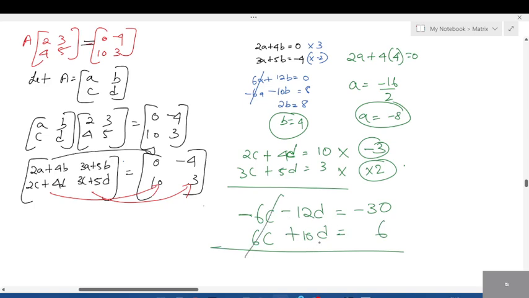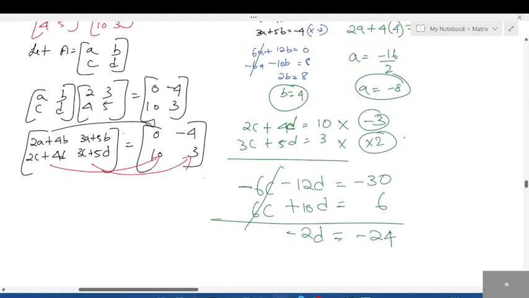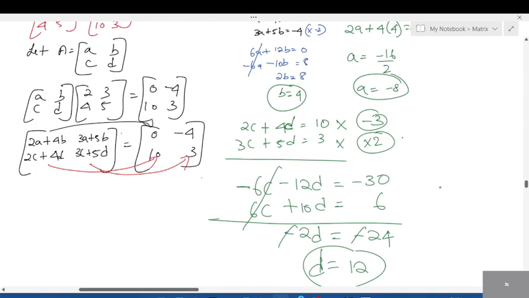Next, think of an answer. D is equal to... If D is 12, what about C? No, again you're wrong.